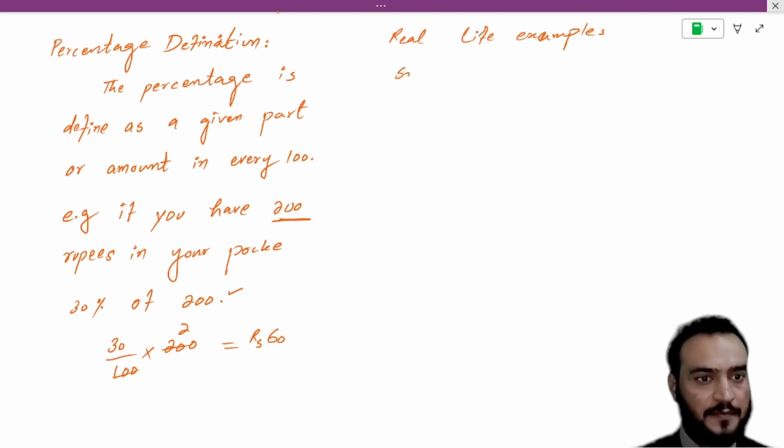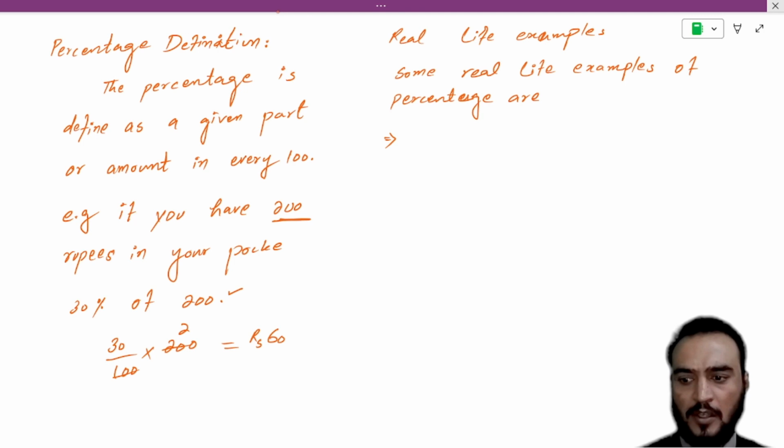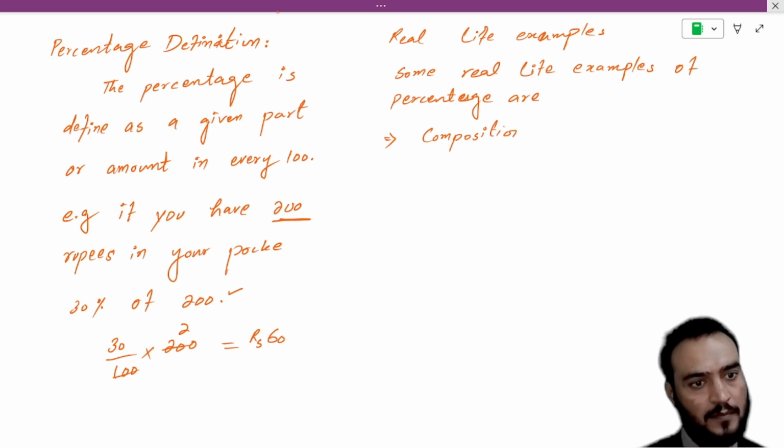Number one, composition of oxygen, hydrogen, and nitrogen in air.